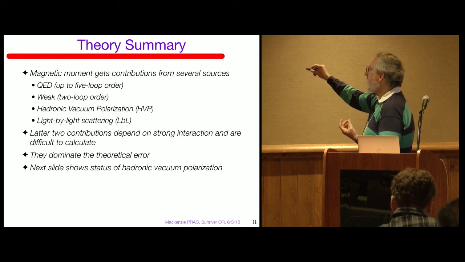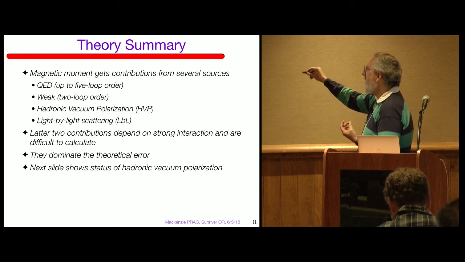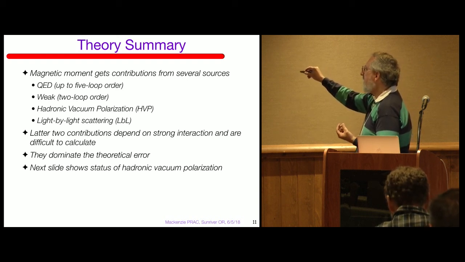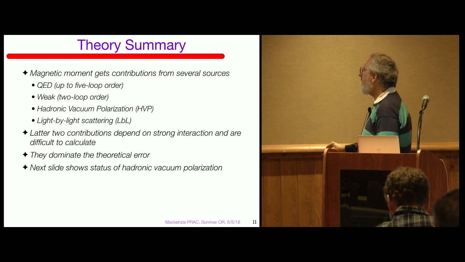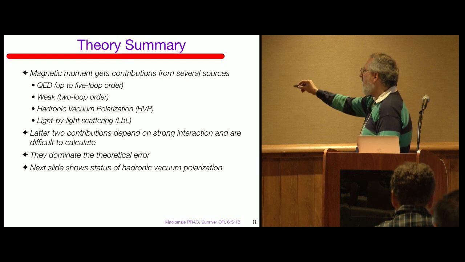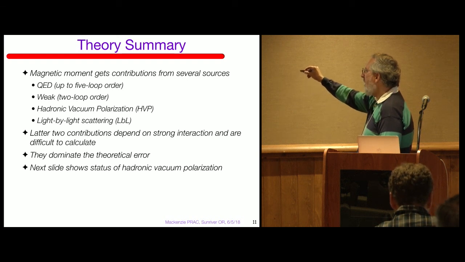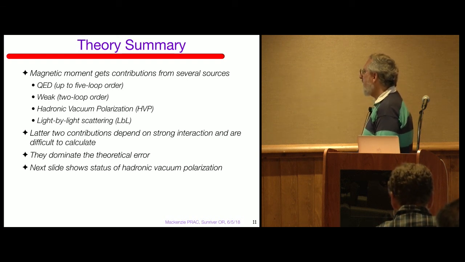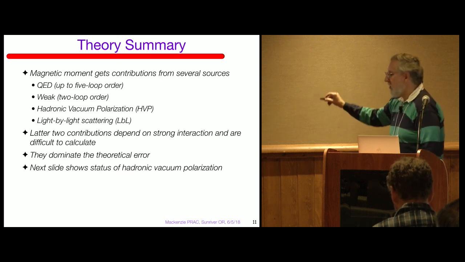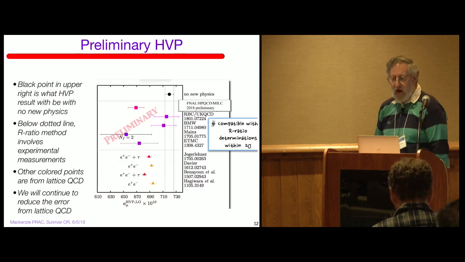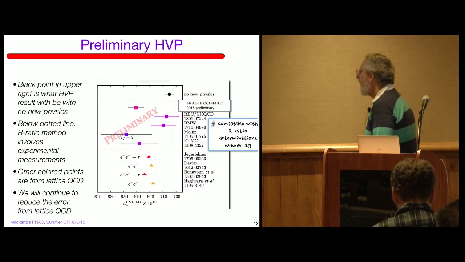This is what's called hadronic vacuum polarization, something that we're calculating and using Blue Waters for. And there's another process called light-by-light scattering that I'm not going to talk about. These two lines dominate the theoretical error, and we're going to show the status of the hadronic vacuum polarization.